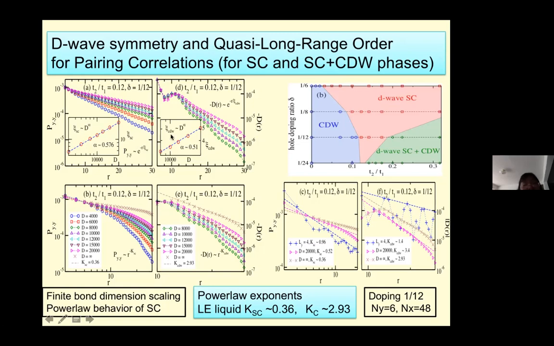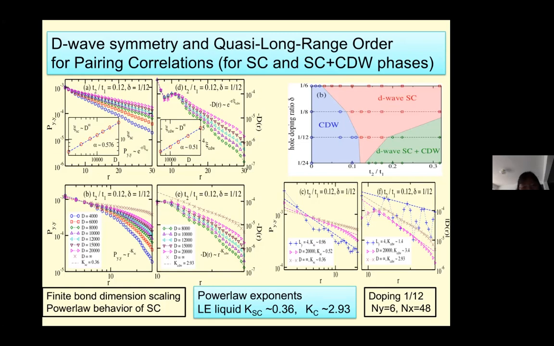So for the 4-leg ladder, we only need to keep 1 order of magnitude smaller bond dimension. Let's say we only need to keep 10,000 U1 states to get converged results. But on the 6-leg ladder, the entanglement is much harder to capture. So I'm also thinking, looking at the local probe, it's really interesting if we want to do wider systems.